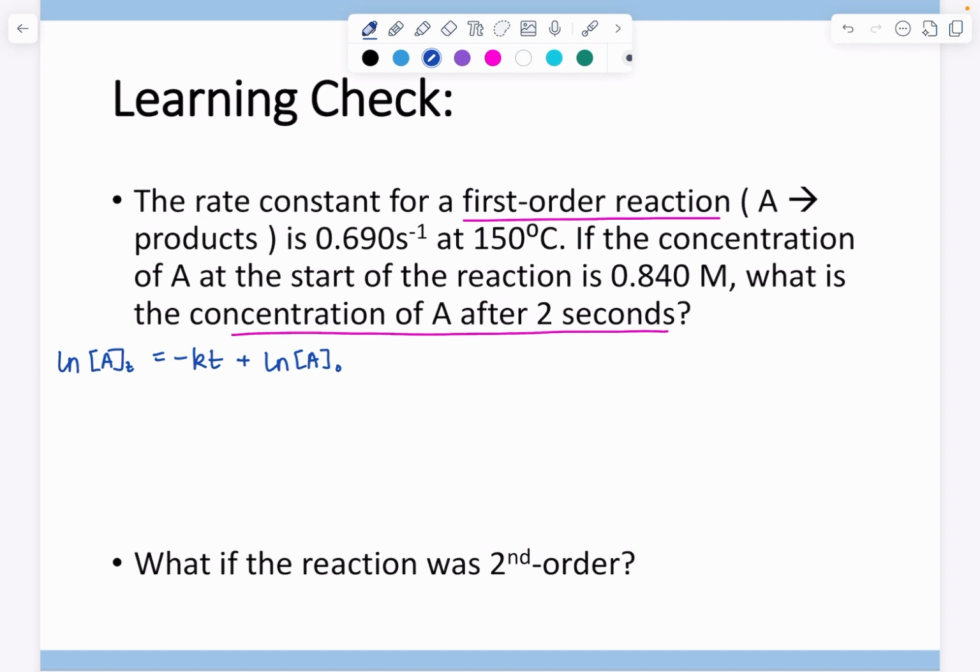So we'll plug in everything that we can. We don't know concentration of A at time t, that's what we're looking for. We have K. We have t, that is 2 seconds. And then natural log of initial concentration.